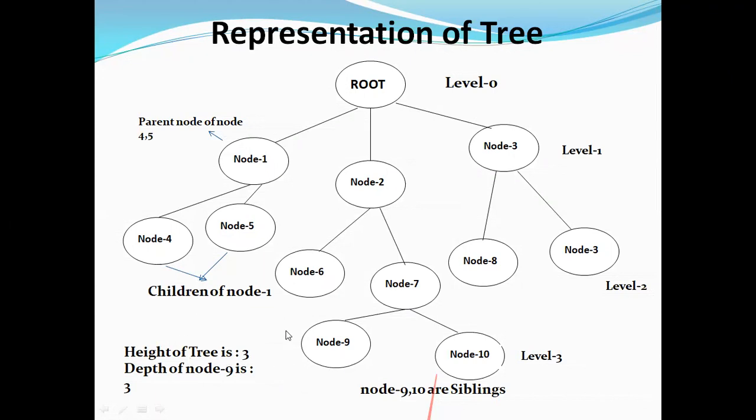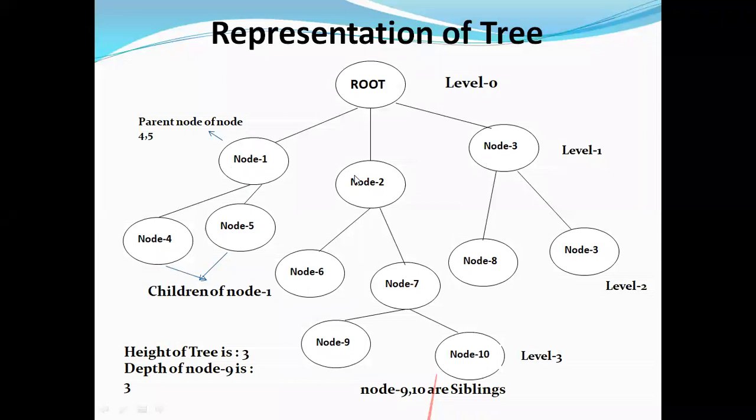Whenever you have to count the height of a tree, find the longest path from root to a leaf. Node 9 or node 10 both have the same longest path if we start from root, so you can choose any one of them. Fine. So root becomes level 0.